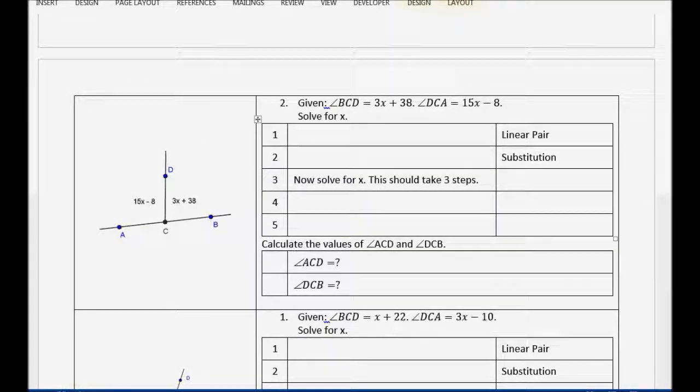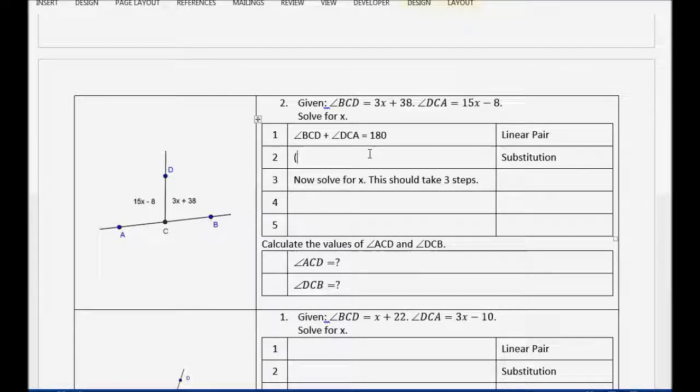Here we have a linear pair, and we use the angle addition postulate to set up angle BCD plus angle DCA equals 180. Again, 180 is representative of angle ACB. It's a straight angle, so its measure is 180.